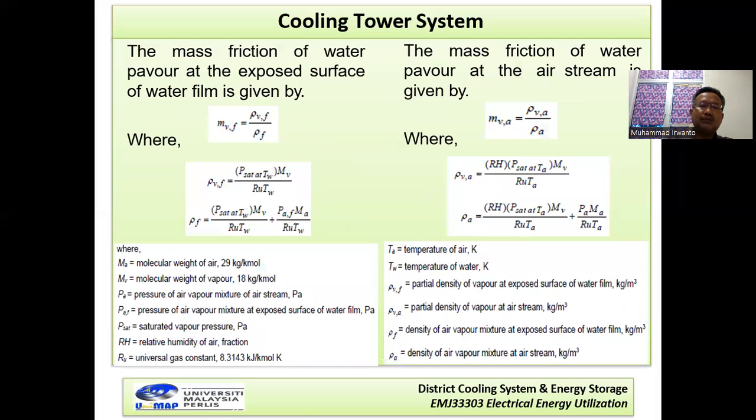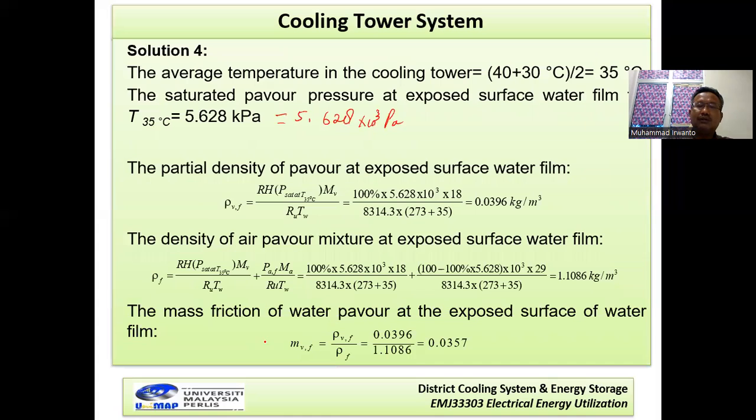RU is taken from this one, 8.3143 kilojoule per kilomole Kelvin. And then TW we obtain here is 35 degrees Celsius.